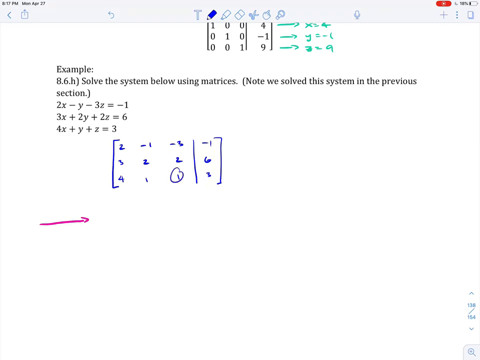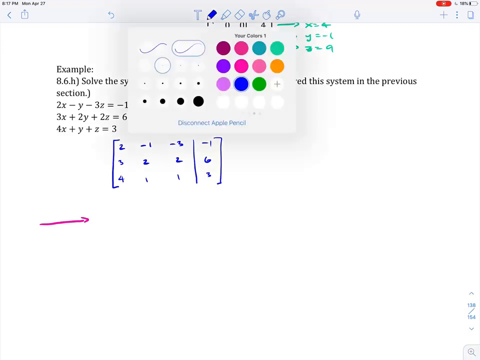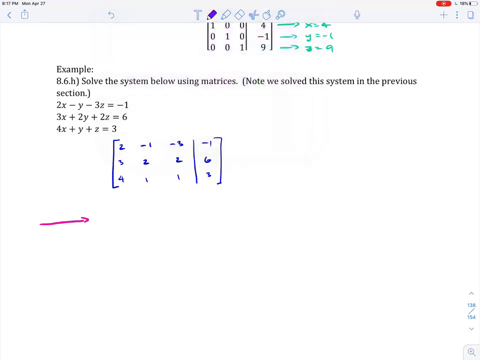Alright. Let's figure out what we want to do. I'd probably do something involving these 1s, to be honest. In fact, I like that 1 right there. I think I'm just going to use that to make these into 0s.